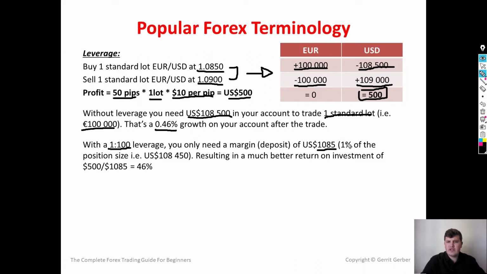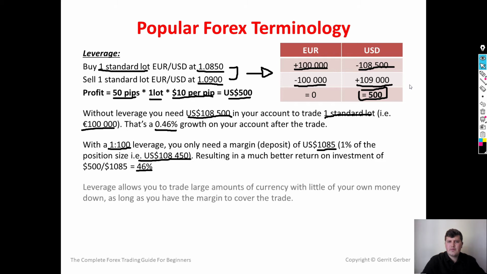That's 1% of the position size that you need to trade one standard lot, resulting in a much better return on investment of the $500 profit over your required margin, leaving a 46% return on investment. So that's almost half of your trading account in this one trade. That is what makes leverage so attractive in the forex market.